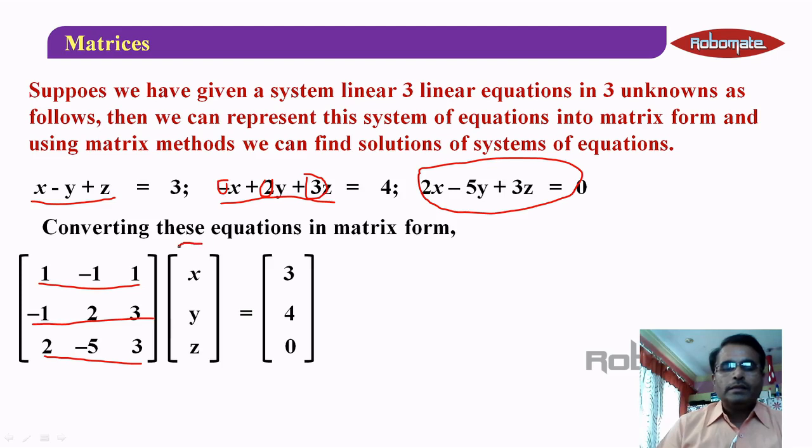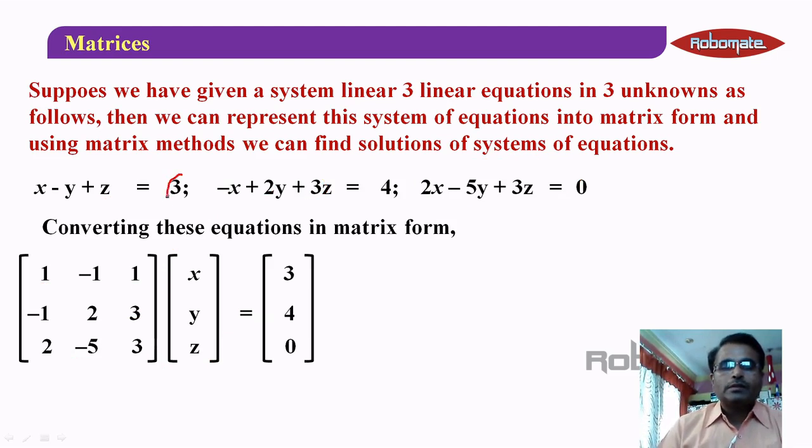Then this is the matrix of variables, and the right hand side constants we observe: this 3 appears here, then this 4 appears here, and this 0 appears here. The right hand side constants are also taken serially, 3, 4, and 0 respectively, in the first row, second row, and third row of the system.